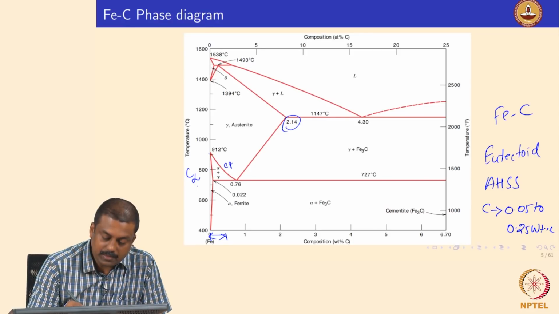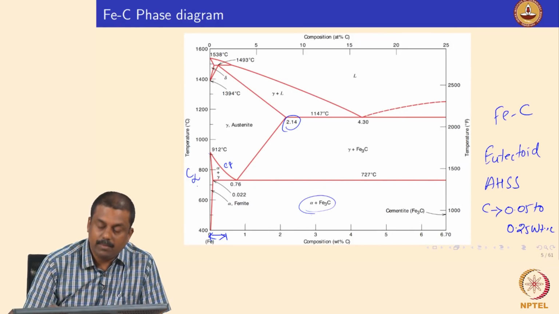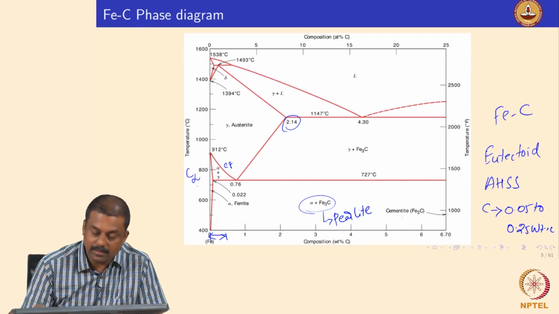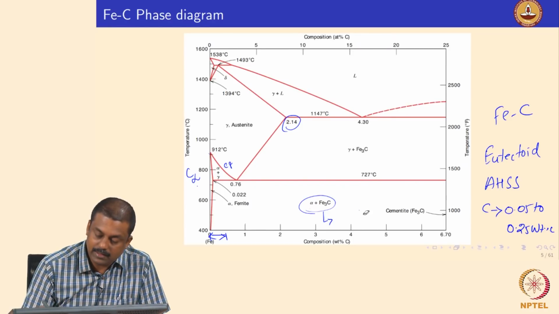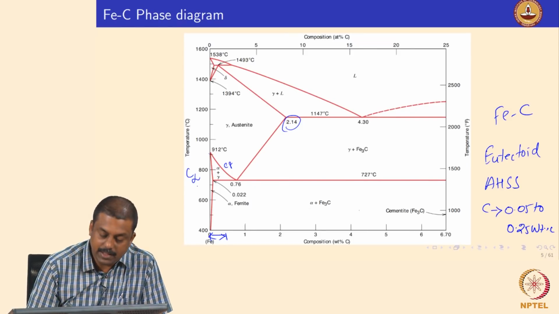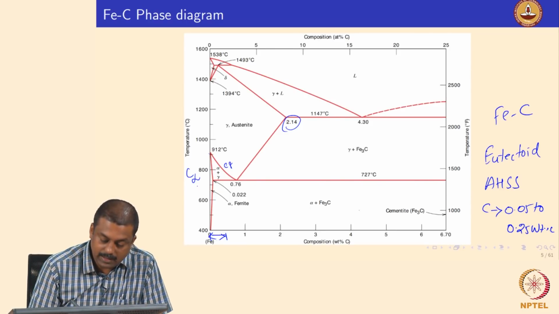This point corresponds to the eutectoid composition, where the austenite can completely transform into a mixture of ferrite and cementite, and this mixture is known as pearlite. We will see how the microstructure of pearlite looks in subsequent slides. So in this slide it should be clear that the carbon concentration of the advanced high strength steels of interest to us ranges from 0 to about 0.25 weight%.